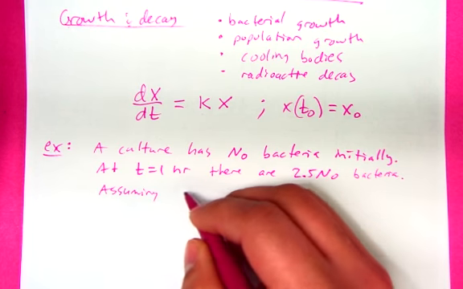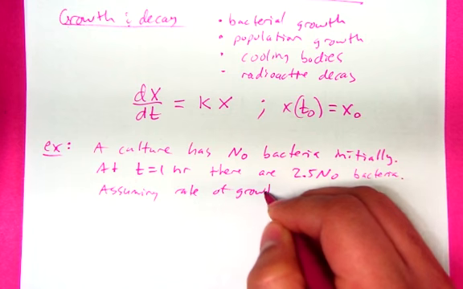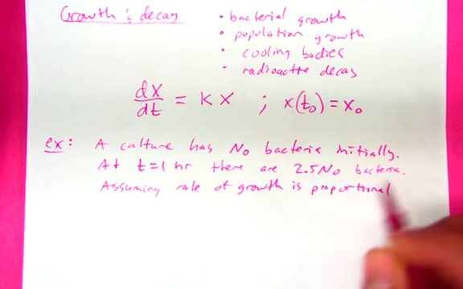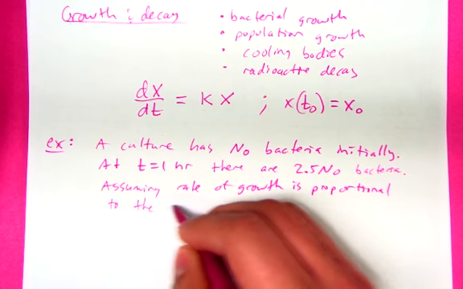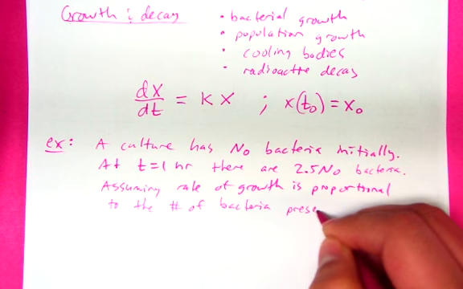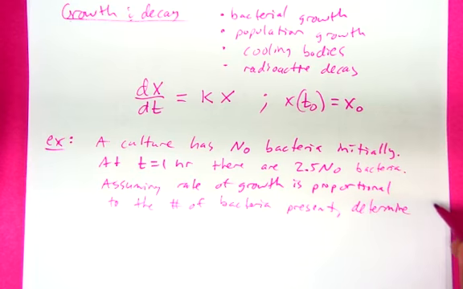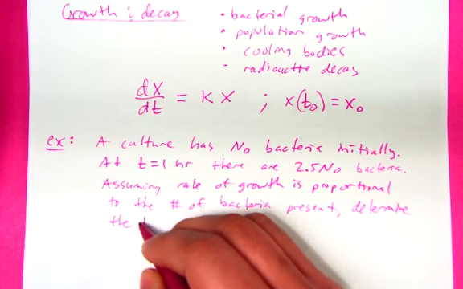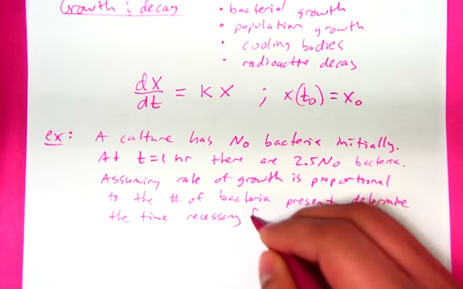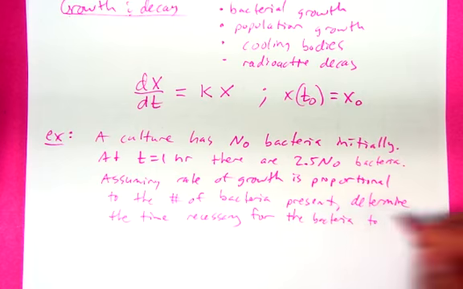Assuming the rate of growth is proportional to the number of bacteria present, here's the ultimate question. Determine the time necessary for the bacteria to quintuple.